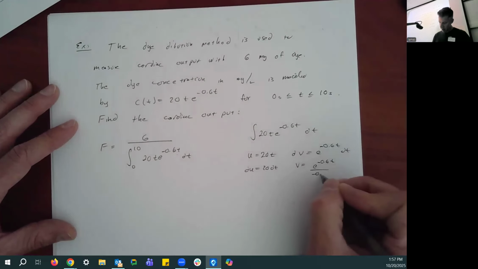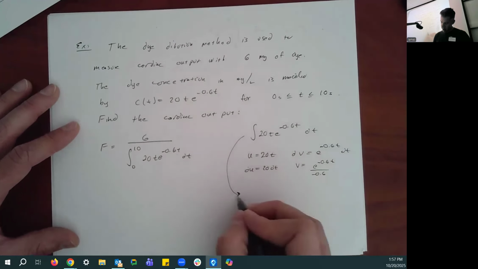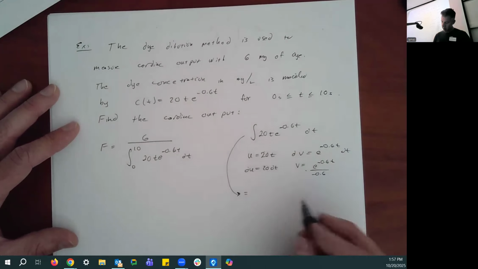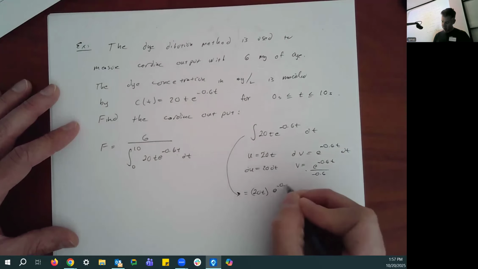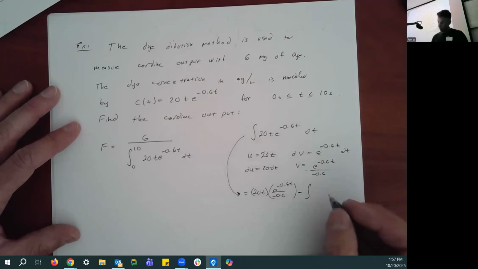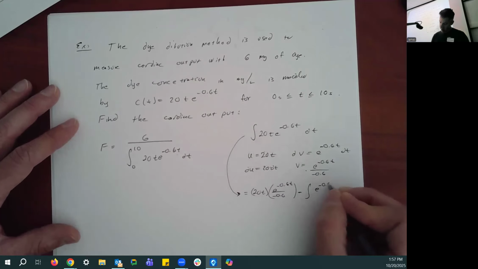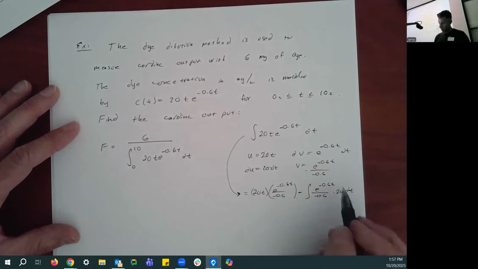So when we do this integral, it's going to end up equaling u times v. So 20t times e to the negative 0.6 T divided by negative 0.6 minus the integral of v du, which is e to the negative 0.6 T divided by negative 0.6 times 20 dt. And then we integrate that part.